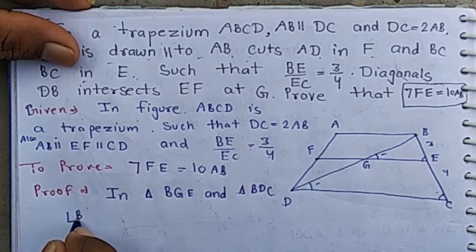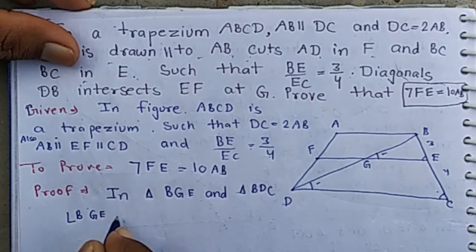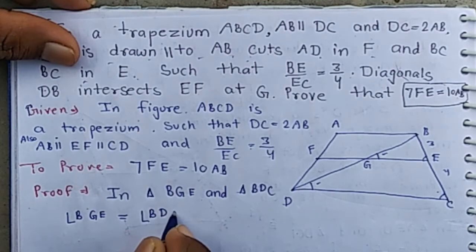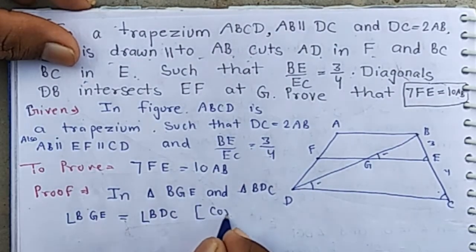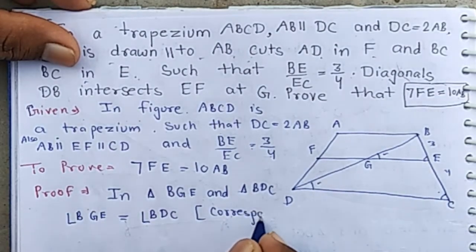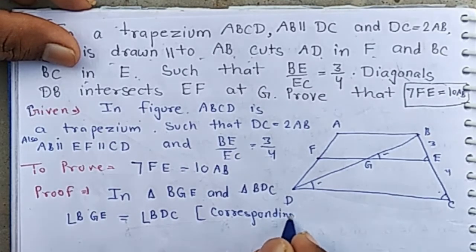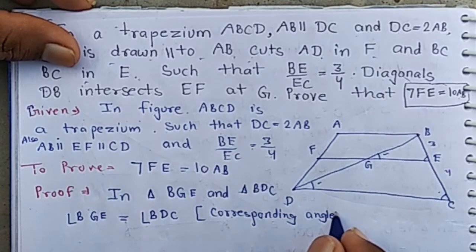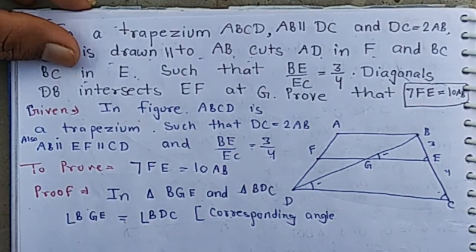Angle BGE is equal to angle BDC, corresponding angle, because GE is parallel to DC.